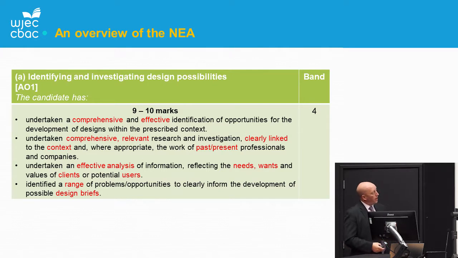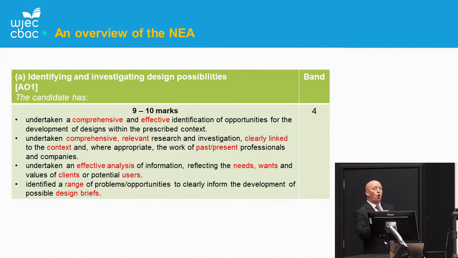I've highlighted in red there the key words that need to be evident for the students to get those top marks. Okay, so you can see there we want comprehensive and effective research. It's got to be linked to the context, and where appropriate, past and present designers or products are being evaluated. The needs and wants of the users, look, dot E3, and then be able to produce a range of possible briefs, which is dot E4.